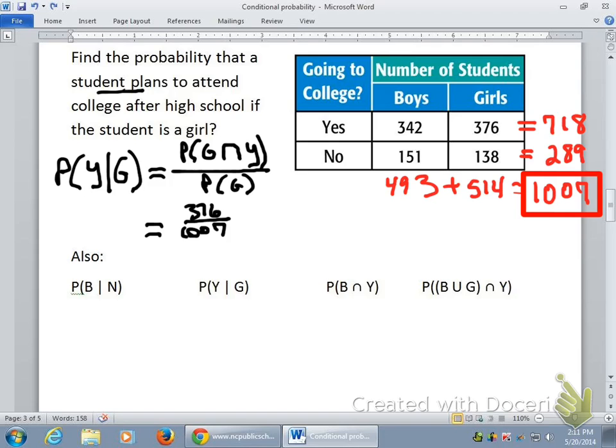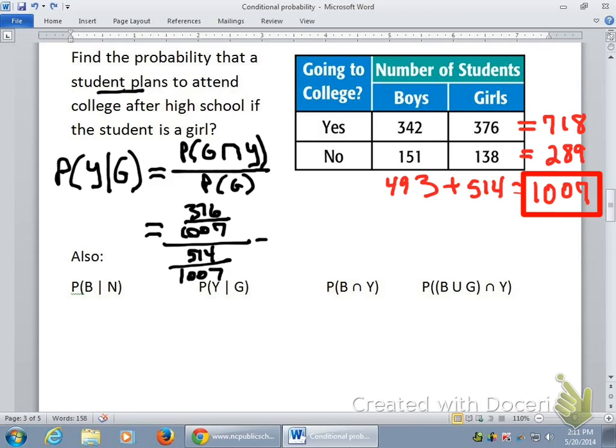All right? Because this is the probability of the girl. It has to be a girl and she's going to college. Okay? And then it's all girl out of all of them. And then second one says the probability that she's just a girl. Well, how many girls are there? 514 girls out of 1,007.